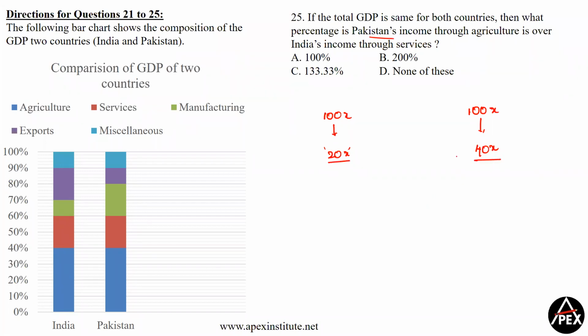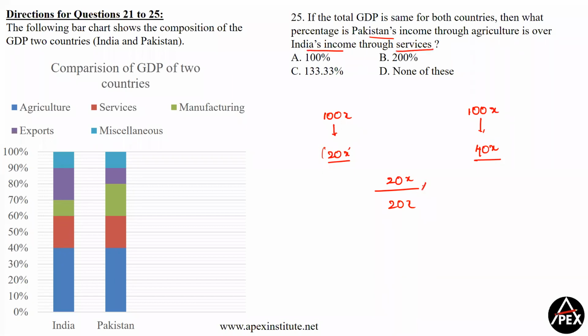So 40x is 20x more than 20x. And what should be in the denominator? 20x, because we are comparing the increase with India's income through services, isn't it?